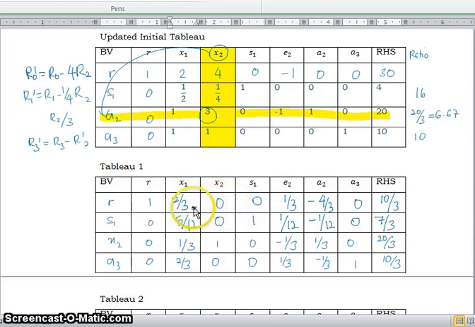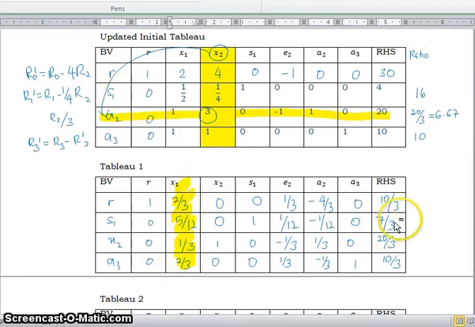Since we still have a positive coefficient in row 0, W1 is not the optimal tableau. Okay, back to step 3, where we need to select the entering variable. Since x1 has the most positive coefficient in row 0, x1 is the entering variable.